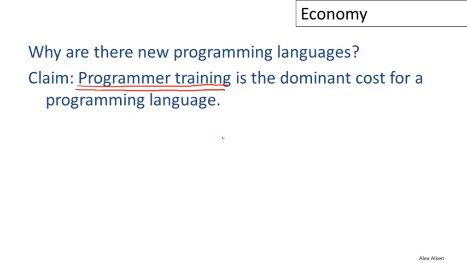All right. Now, from this observation, we can make a couple of predictions pretty easily. And again, these are just predictions that follow from this claim, if you believe that it's true. So let me erase that and fix it. So first prediction is that widely used languages will be slow to change.